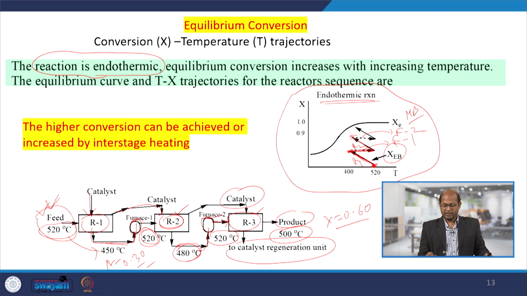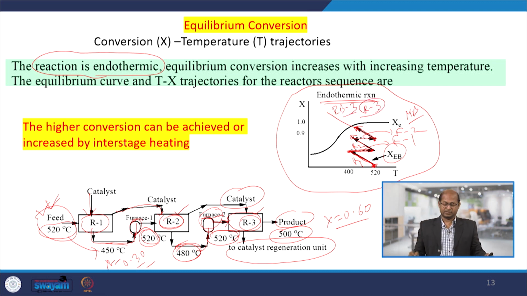And again that reacting mixture we have to take out and pass through the second furnace, and the temperature will again reach 520. Then it reaches the third reactor, and reactions take place in the presence of catalyst, and the conversion would be there.